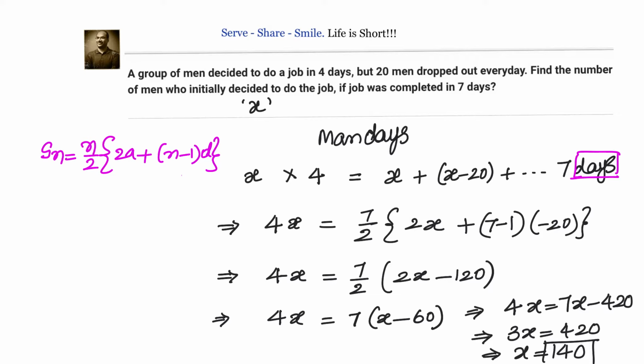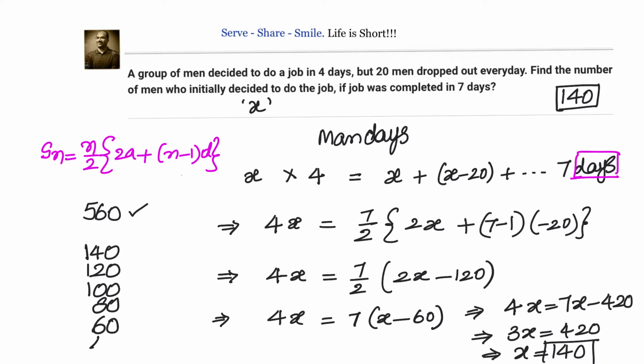So the number of men who initially decided to do the job are 140. We can check this. 140 into 4 is 560. One side, that's the man days I have. Since it is 7 days only, we can easily club them and check that. First time it will be 140, then 120, then 100, then 80, 60, 40 and 20.